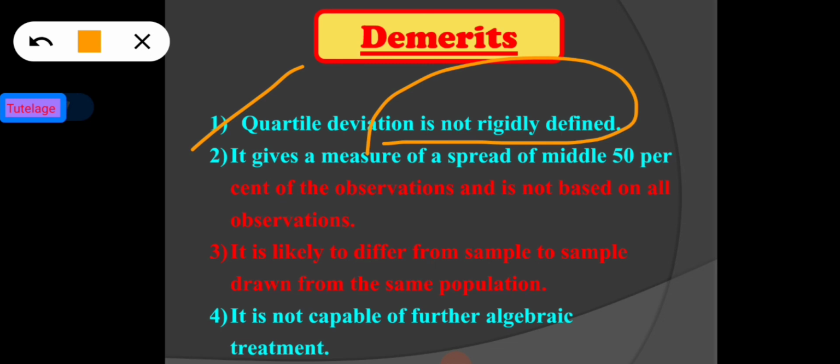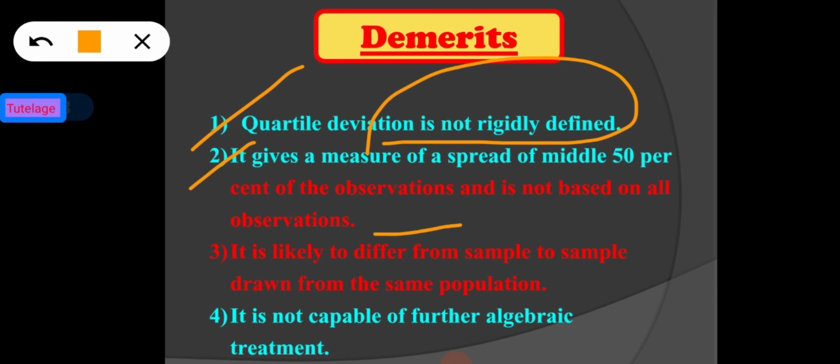Okay, so now going to the next point. It gives a measure of the spread of the middle 50% of the observations, and it is not based on all observations. So it is not affected by the extreme values, and it basically gives a measure of the spread of the middle 50% of the observations.